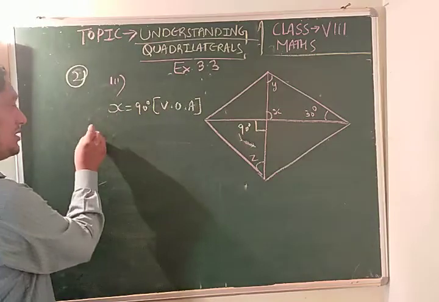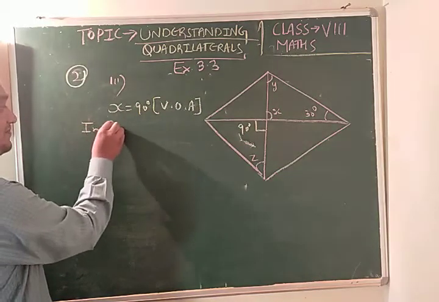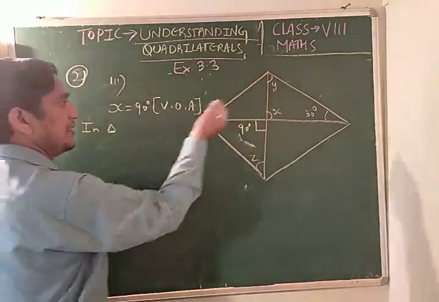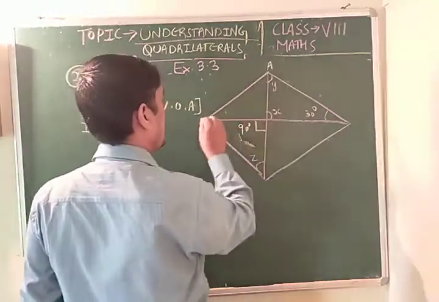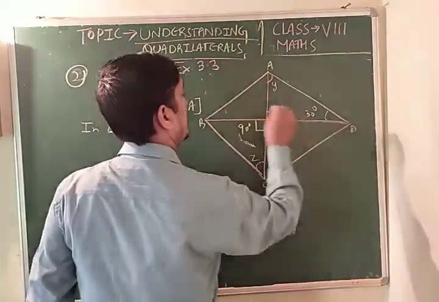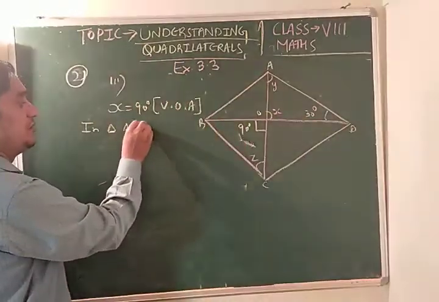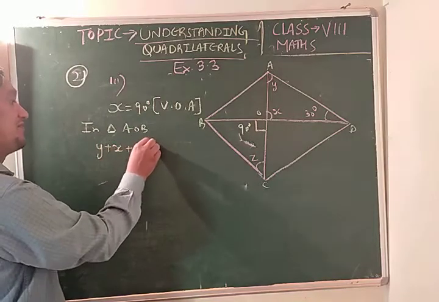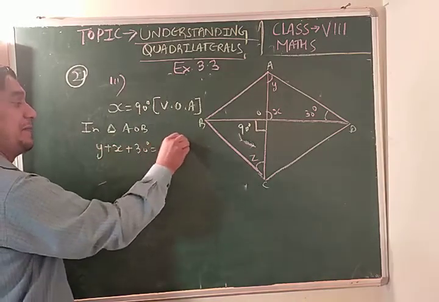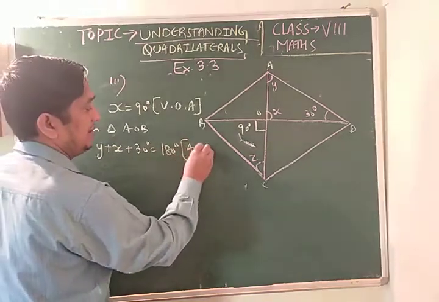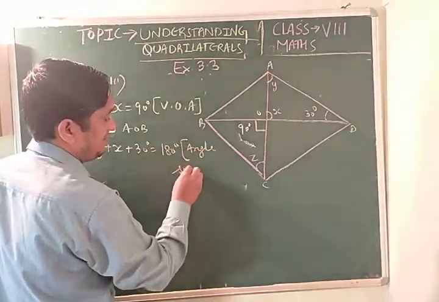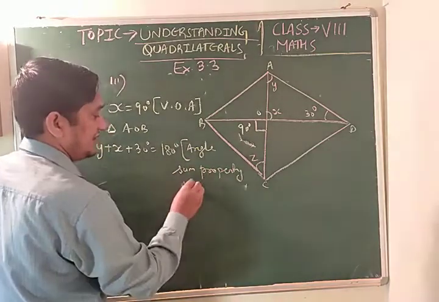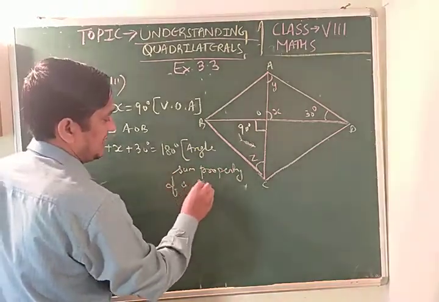The value of x is 90. Now children look, this is a triangle. Let us name it as A, B, C, D and O. In triangle AOB, y plus x plus 30 is equal to 180 degree, angle sum property of a triangle.